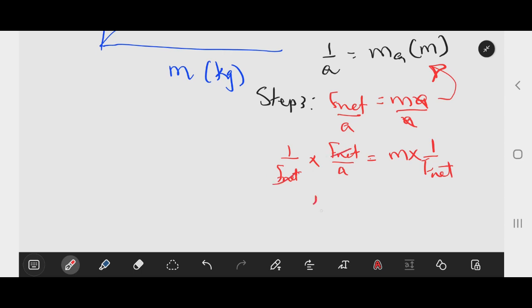Then we get 1 over acceleration equal to the mass times 1 over F net.